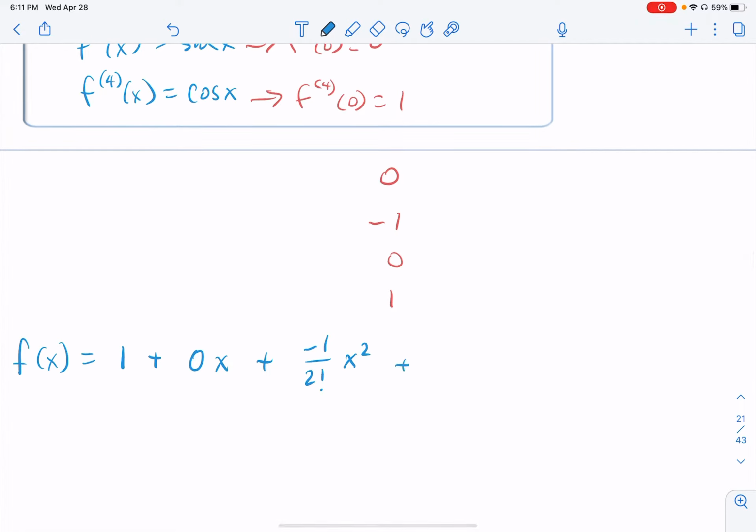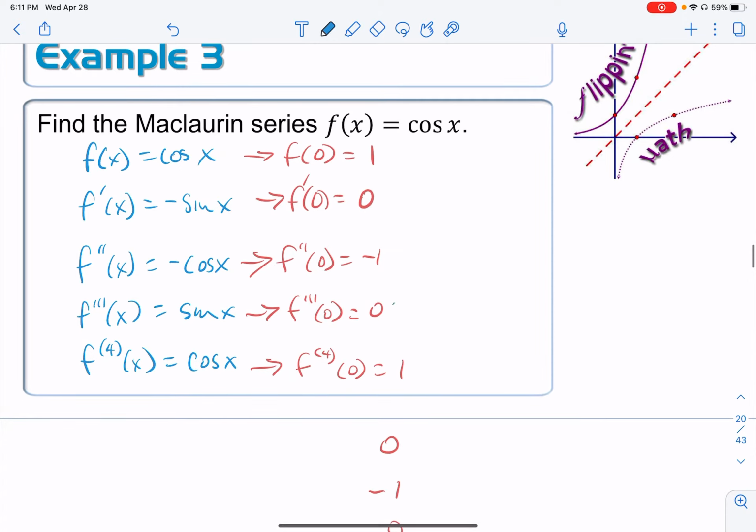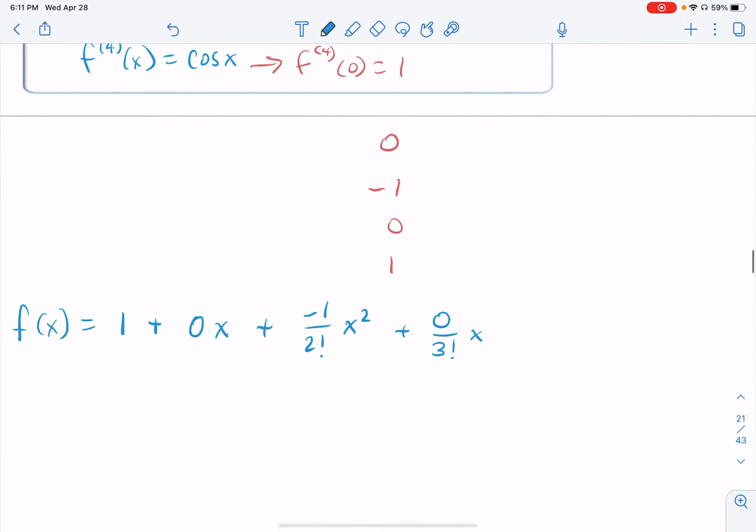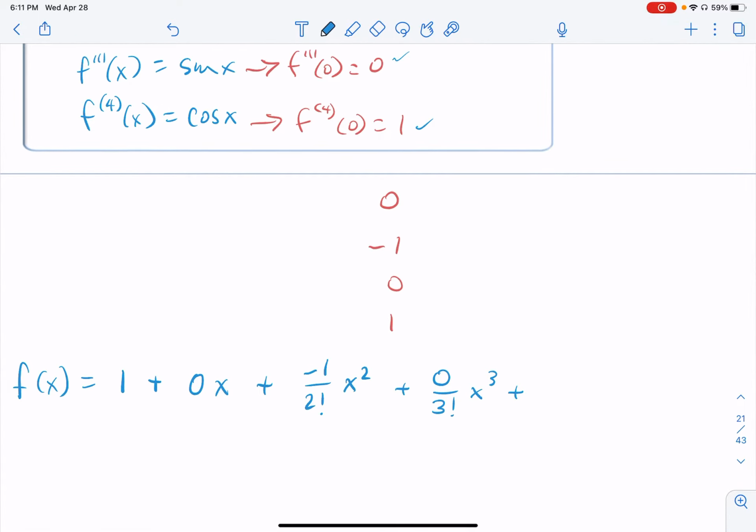And then we have ourselves plus a 0 over 3 factorial. That's this 0 right about here. X to the third plus, and then we've got, this is the fourth one, we've got 1 over 4 factorial, x to the fourth.